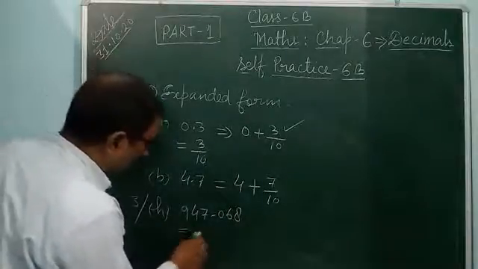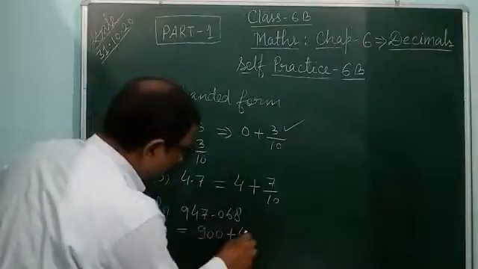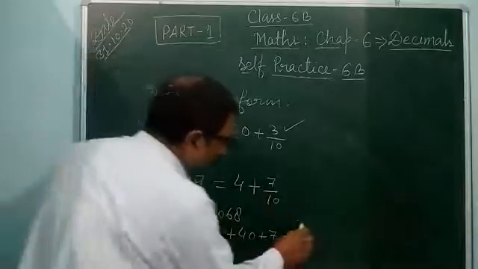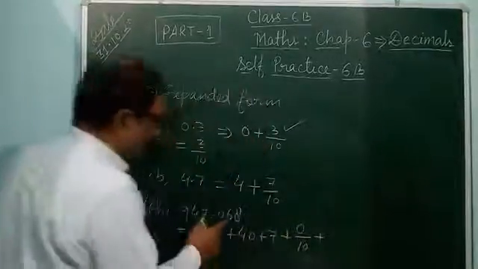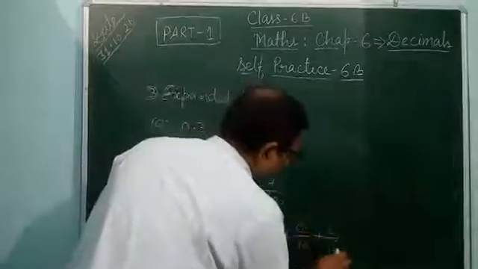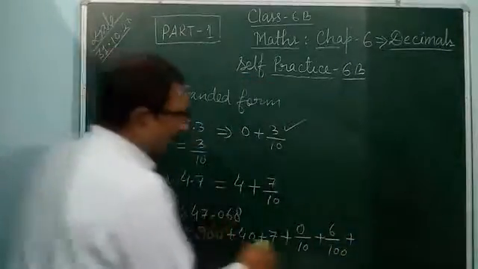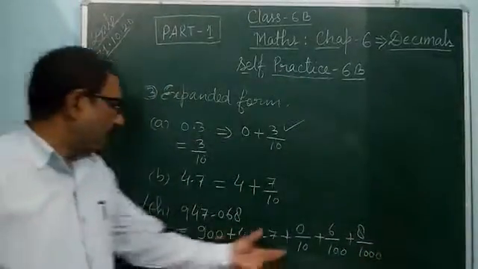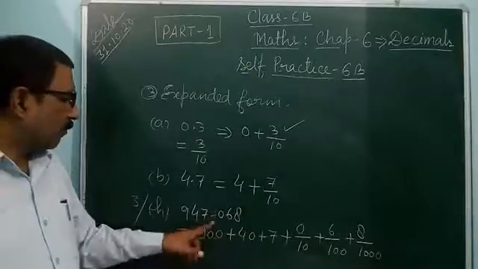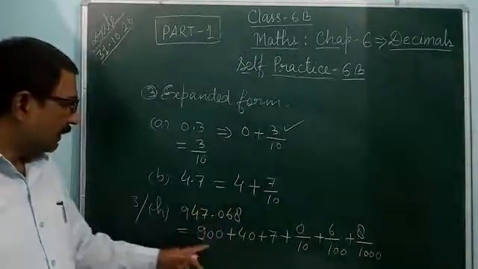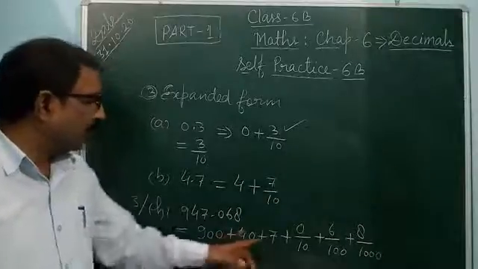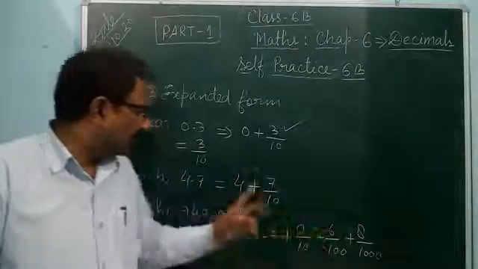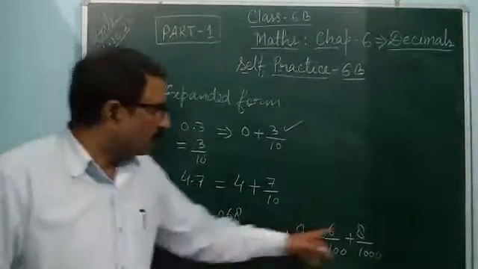It means 900 plus 40 plus 7 plus 0 by 10. 0 tenths means 0 by 10, plus 6 hundredths means 6 by 100, plus 8 thousandths means 8 by 1000. So like that you can expand 947.068.